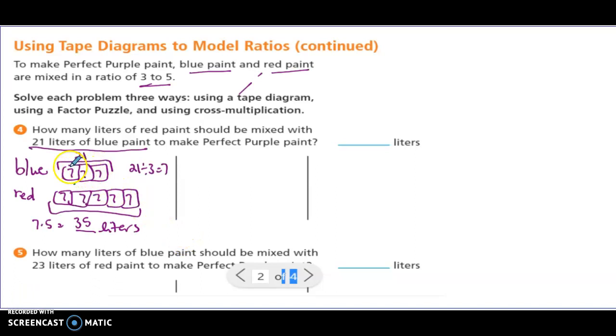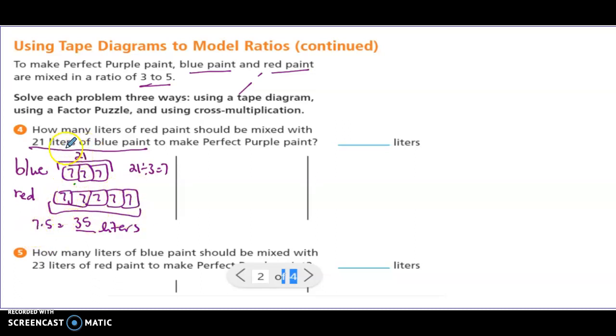Okay, really quickly here, I drew out my tape diagram for blue. I drew 3 boxes for blue, the 3 blue parts, and I knew that in the question I had 21 liters, so I put a little bracket that this group should equal 21 when I'm all done, adding the parts together. And then I drew in 5 boxes to represent the 5 parts red to make the perfect purple paint color.